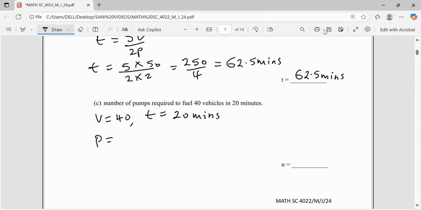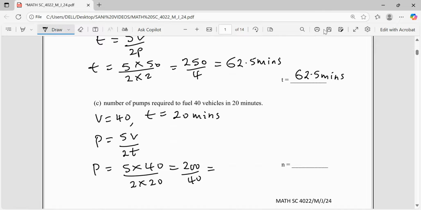You have P equals 5V over 2T. That is just simply by switching T and P. You have P equals 5 times 40 over 2 times 20. 200 divided by 40 equals 5 pumps. So the number of pumps is 5.